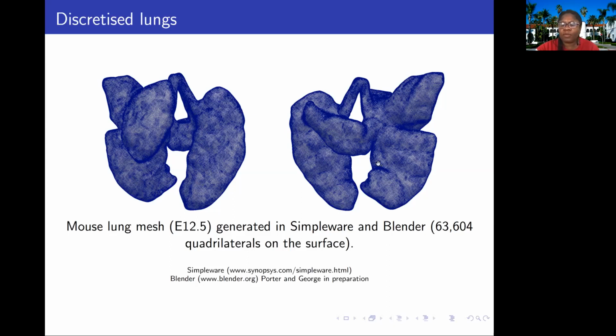The blue represents the mesh, so we discretize the surface into quadrilaterals. The lung was reconstructed from simple ways, and then we used Blender to convert the triangular mesh that we had on the surface to a quadrilateral mesh.